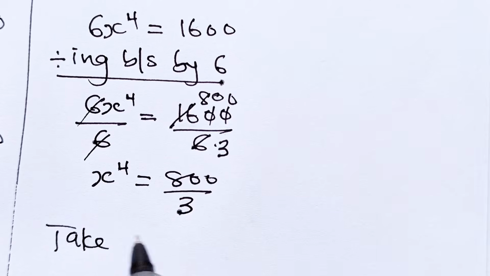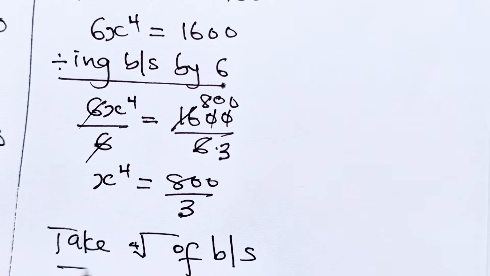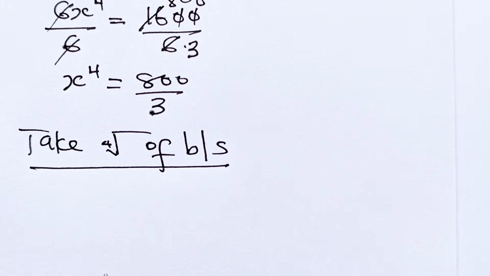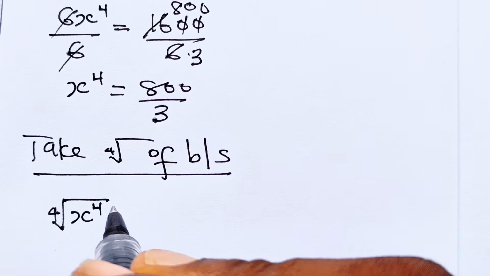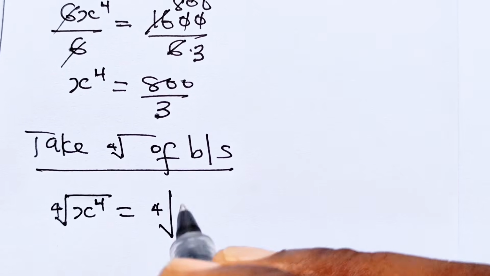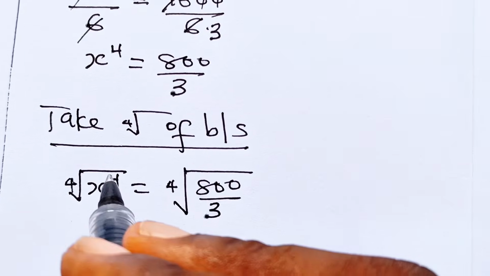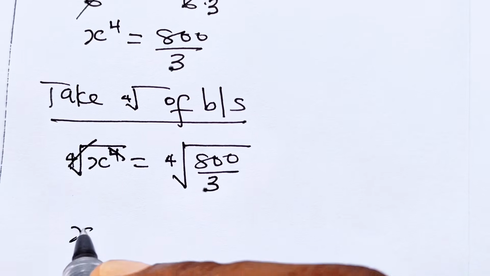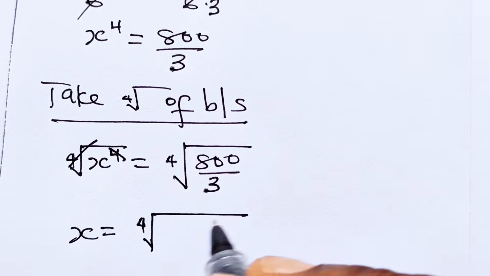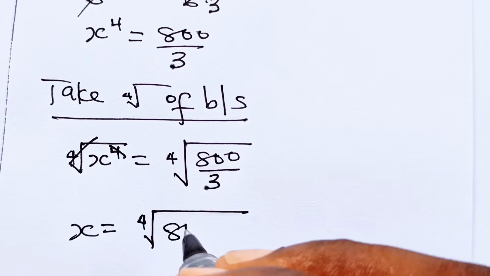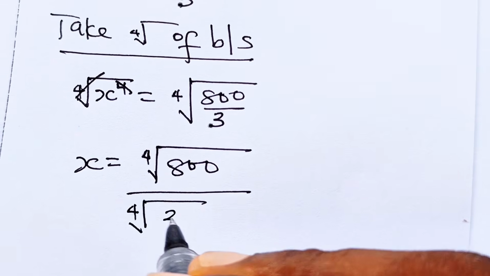Take fourth root of both sides. If we do that, we have fourth root of x to the power of 4 is equal to fourth root of 800 divided by 3. So this will remove this, and we have x is equal to fourth root of 800 divided by fourth root of 3.